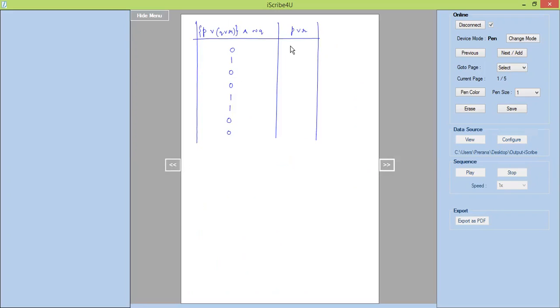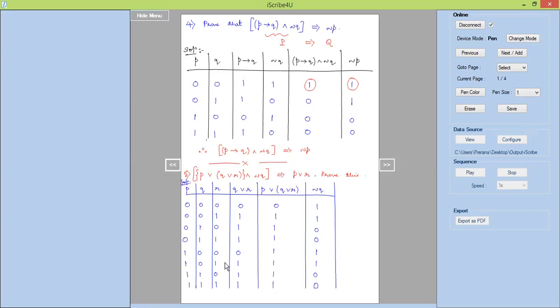Next we have to consider P or R, or between first and the third column. Or means if any one of them has the truth value 1, it is sufficient to write down the resultant as 1. If both are zeros, then the answer is 0.